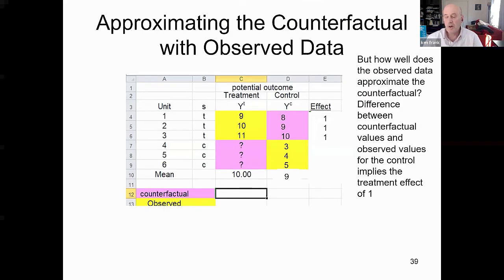All right, so we've got our idea of the counterfactual, and I'm going to show you in this little toy example how the counterfactual is approximated using groups of people. So you've got this little toy data set here, little spreadsheet, and we have 3 treatment cases here. They're labeled with T's, and YT represents their value on the outcome if they got the treatment.